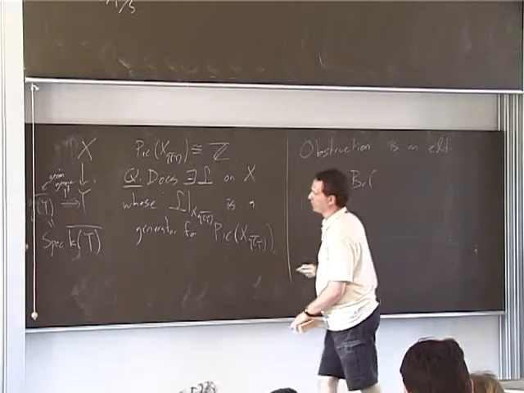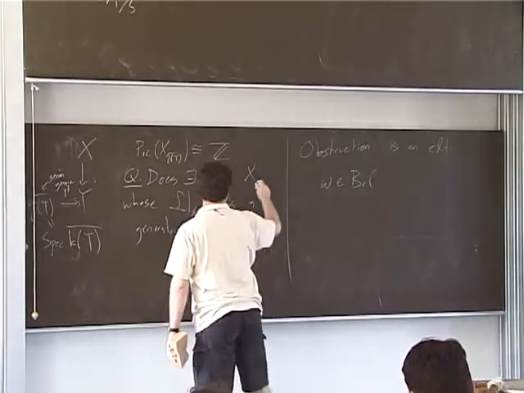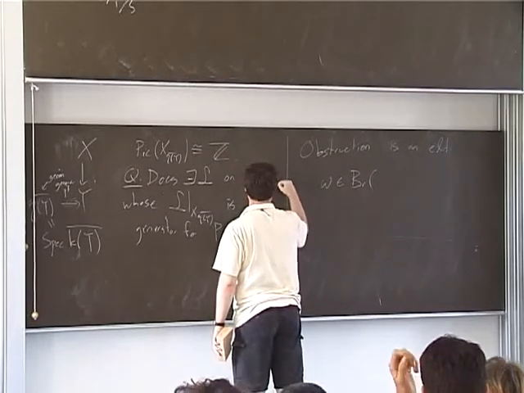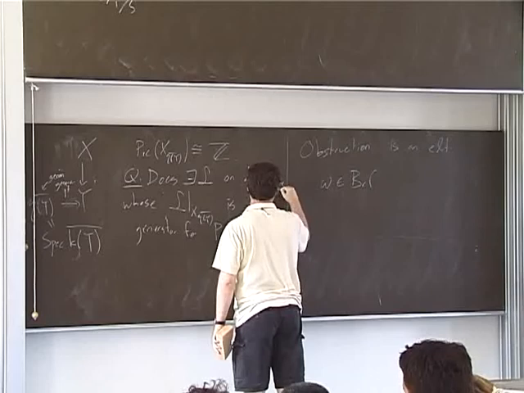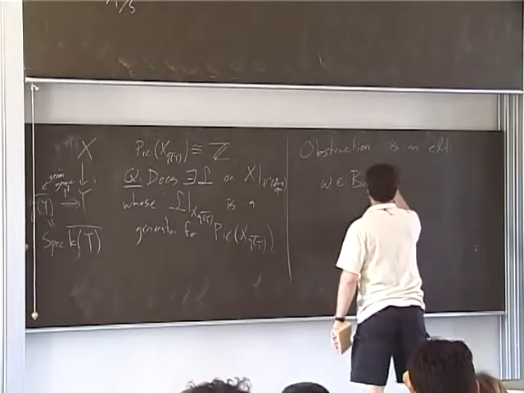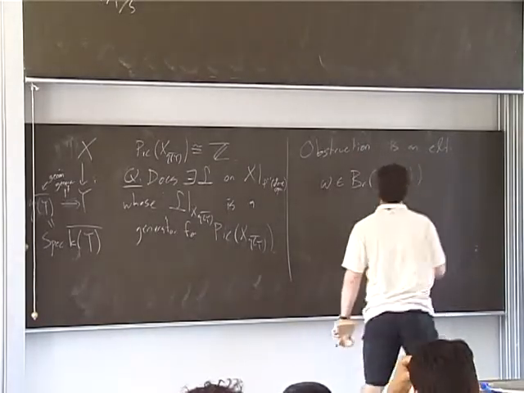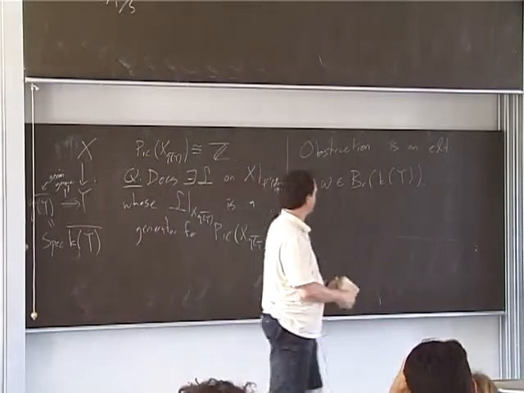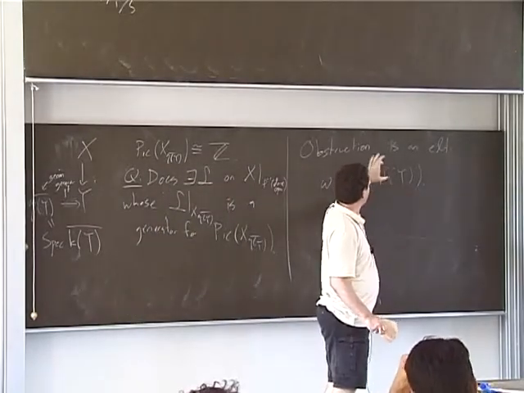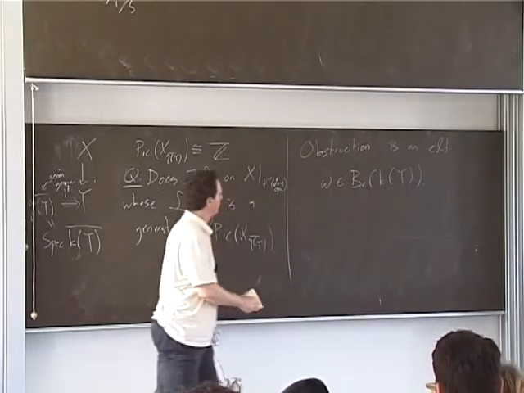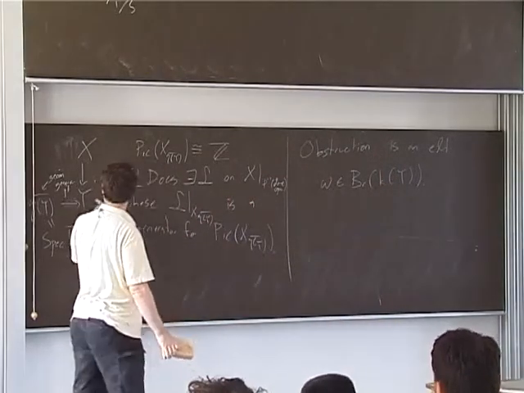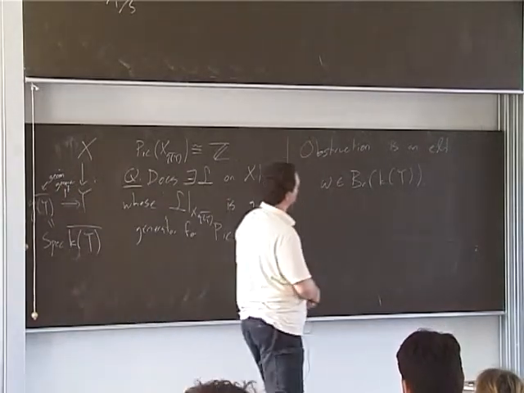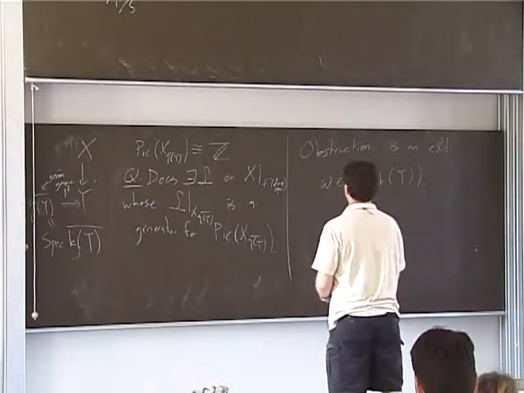Well, let's say, does there exist L on X restricted to f inverse of some dense open? So on any dense open, not necessarily all of Y, then this is an element in the Brauer group of the fraction field, which partially explains why I didn't have to talk about this before. Before we were talking about the case where Y was a curve, and then Tsen's theorem says the Brauer group of a curve is trivial. So if Y was a curve, this would automatically hold. But when you have a higher dimensional base like a surface, this doesn't automatically hold.